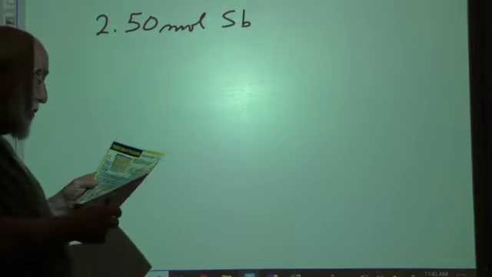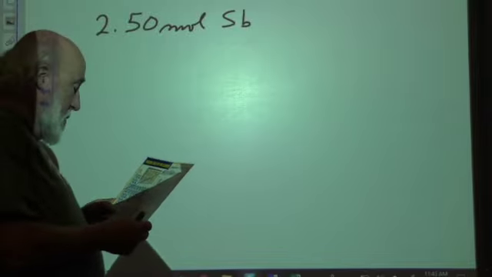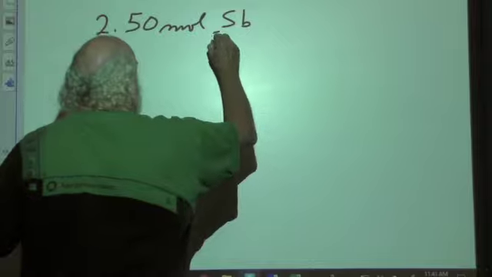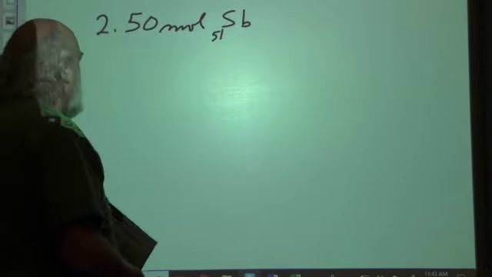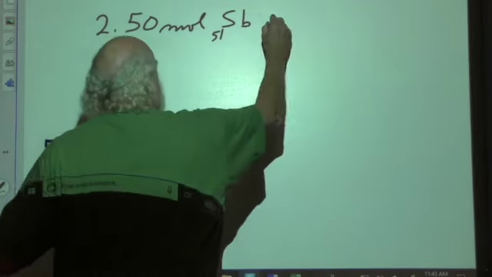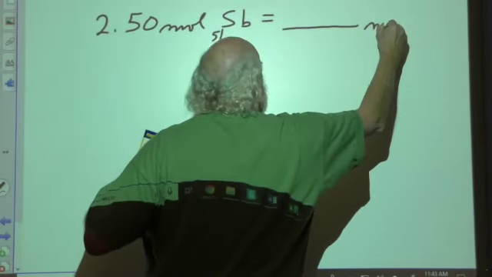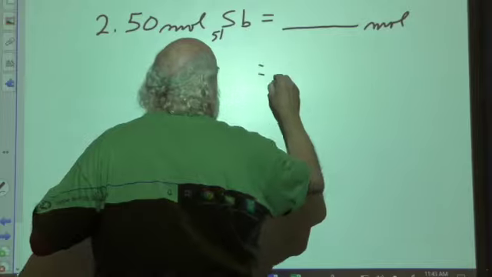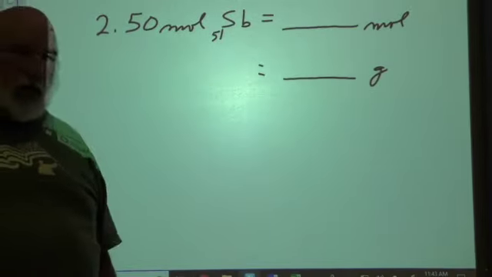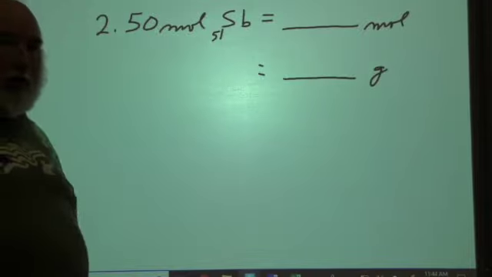So we find Sb on the periodic table, and Sb is element number 51, so put 51 down here to remind us. We're trying to find two things: this is equal to how many atoms, and this is equal to how many grams. These are the two problems we're going to have to deal with here. So these are conversion problems.